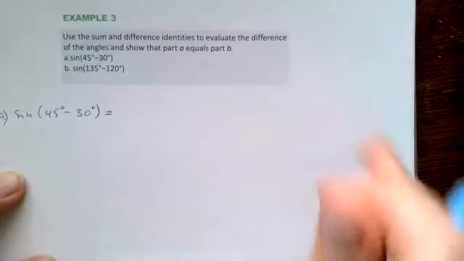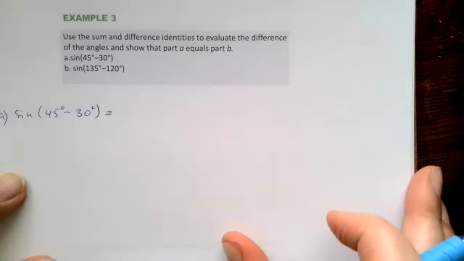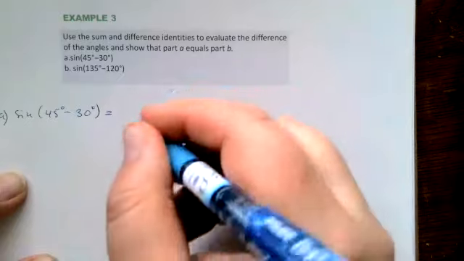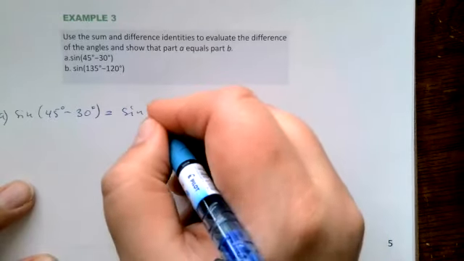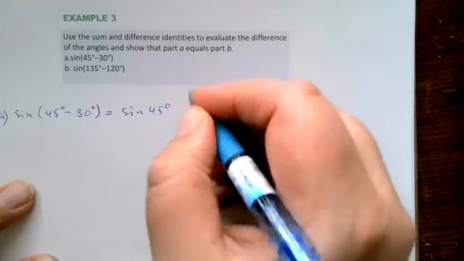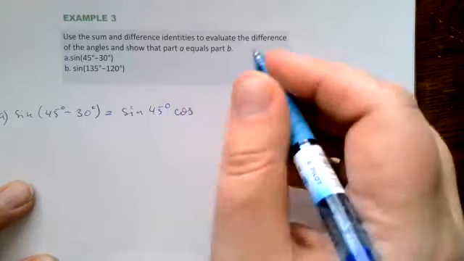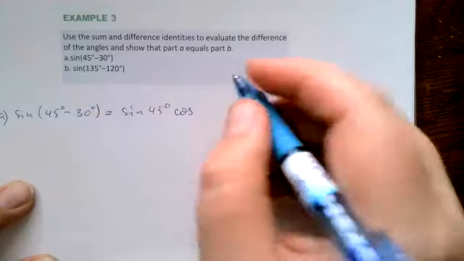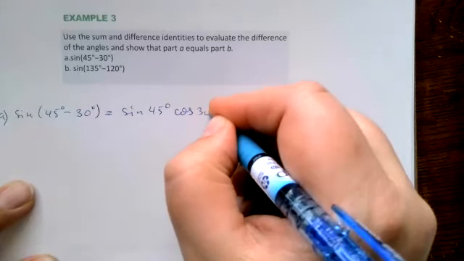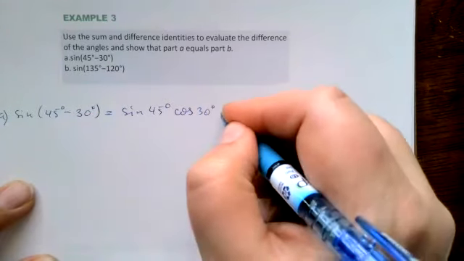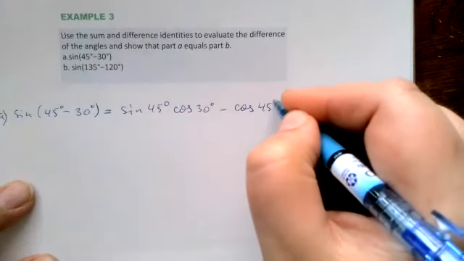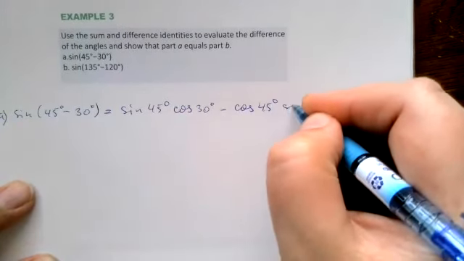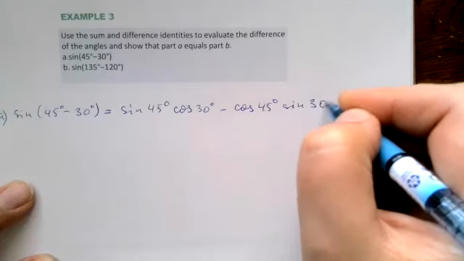We're going to rewrite it using our formulas. So that's sine of alpha, which is 45 degrees, times the cosine of beta, which is 30, minus cosine of alpha, which is 45, times the sine of beta, which is 30.